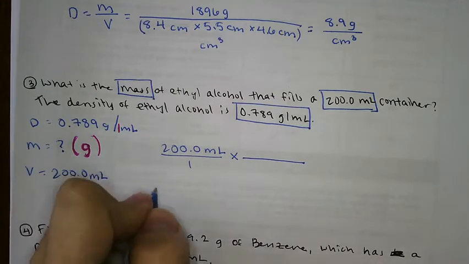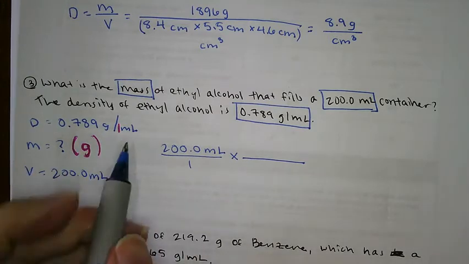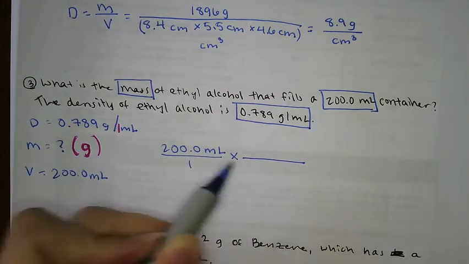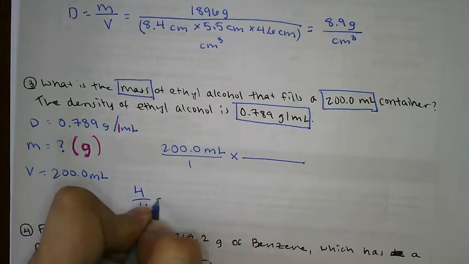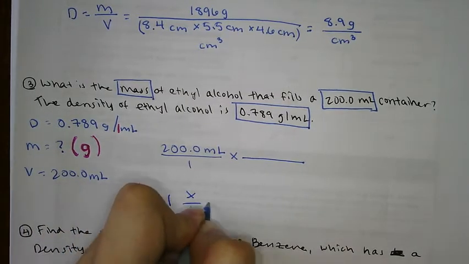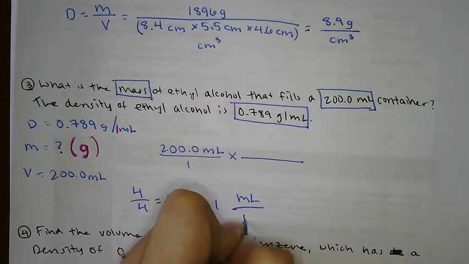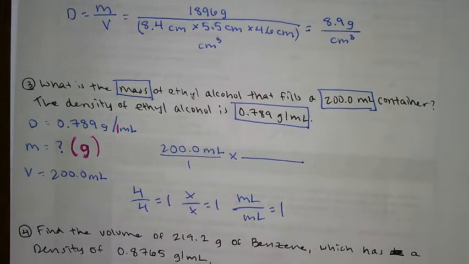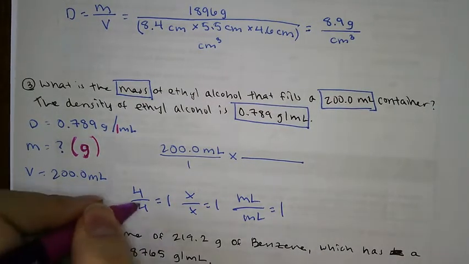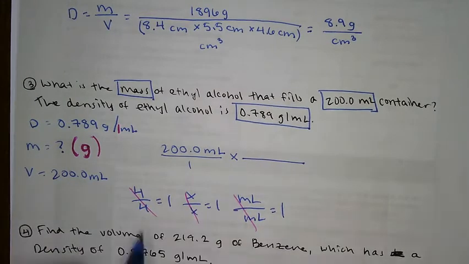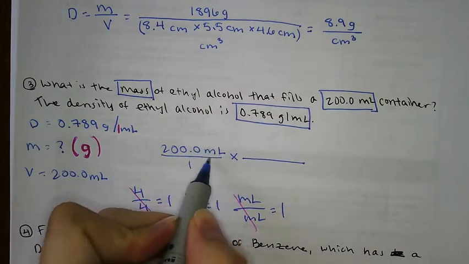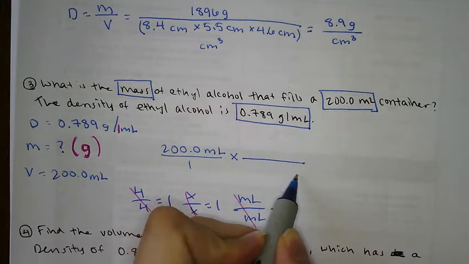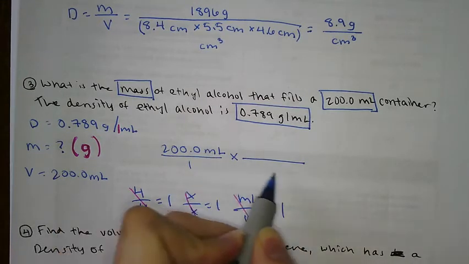Now, in order for a unit to cancel, it needs to appear in both the numerator and the denominator. Just like 4 divided by 4 is 1, and x over x is 1, milliliters divided by milliliters is also 1. That's what's going to make it cancel. So if I have milliliters in the numerator here, that means I need to have milliliters in the denominator down here so that that unit will cancel.